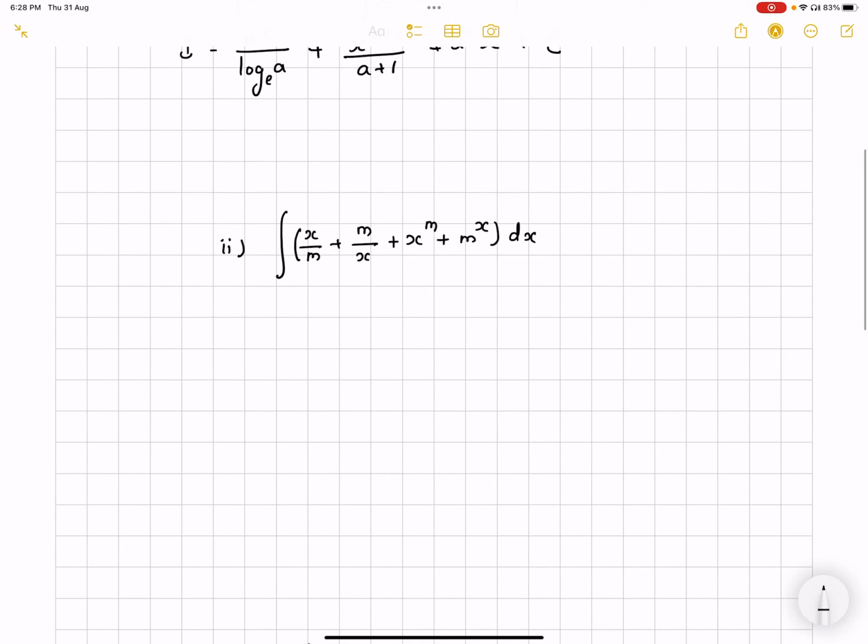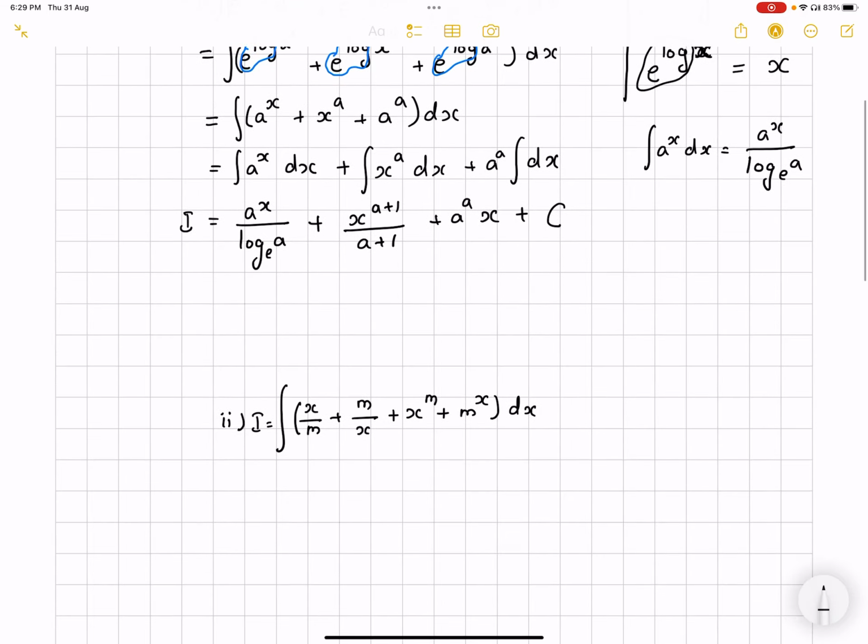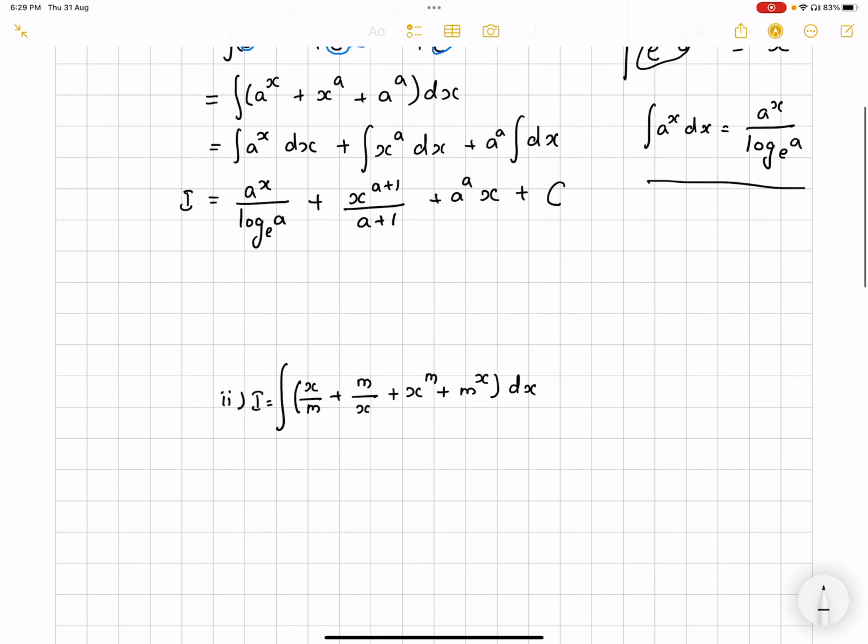Now let me go with the next one. Here we have the integral of the fractions x by m plus m by x plus x raised to the power m plus m raised to the power x. When we have a constant raised to the power x, we know which formula to use for integration.